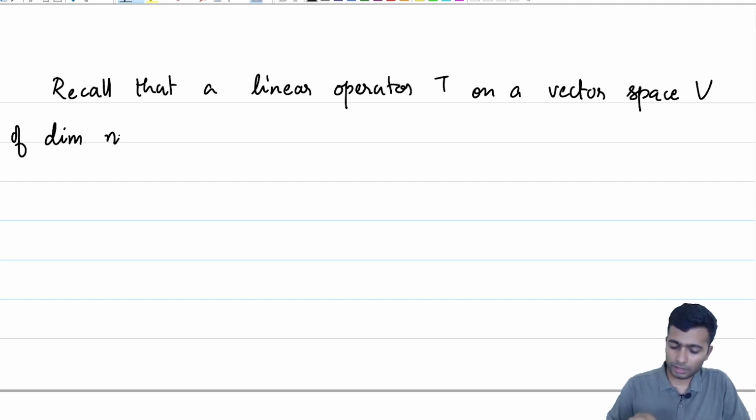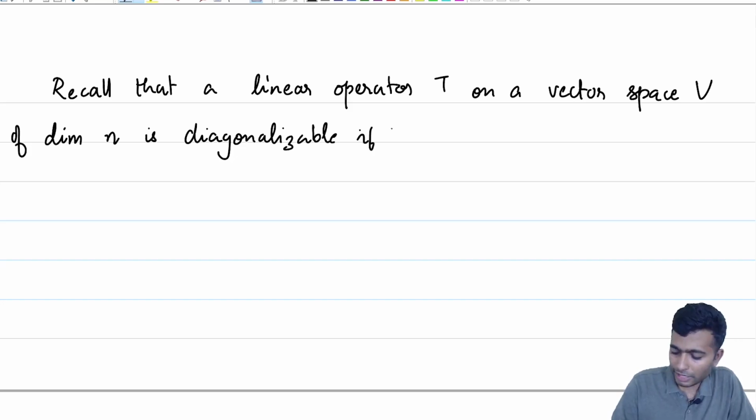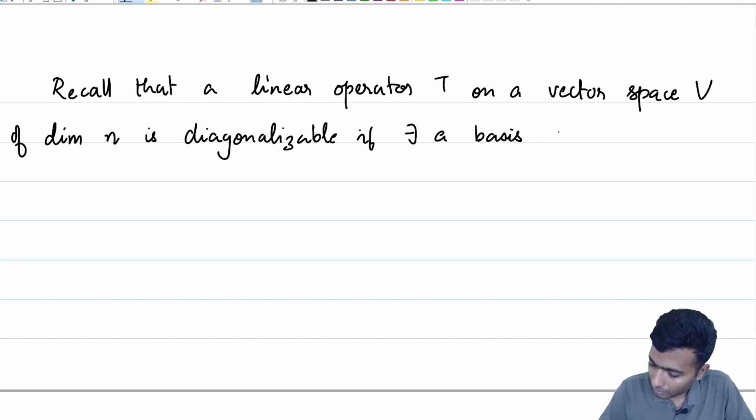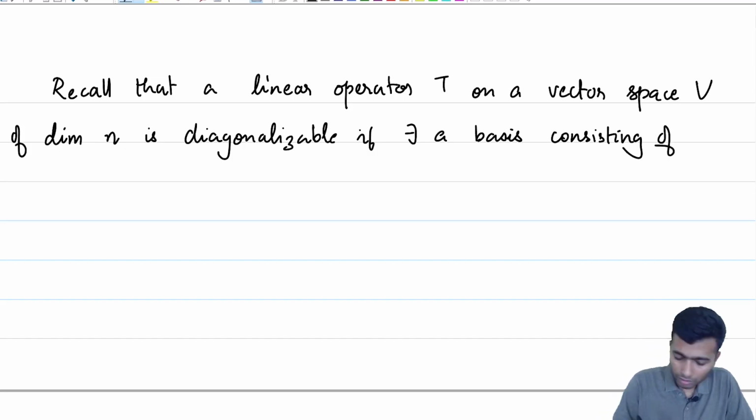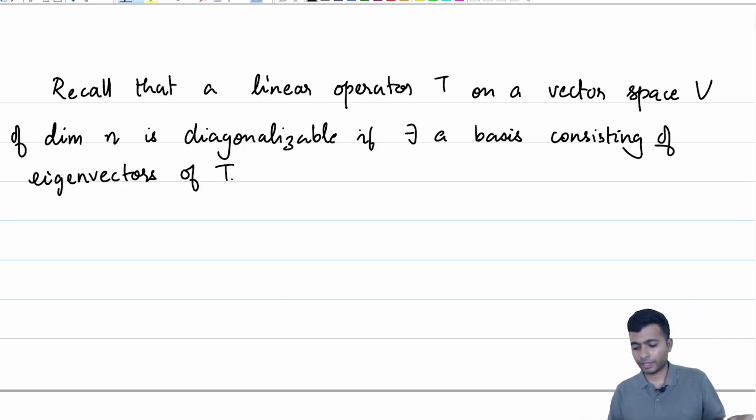So, recall that a linear operator is diagonalizable if there exists a basis consisting of eigenvectors of T, or a matrix A is diagonalizable if there exists a basis of eigenvectors in Rn.